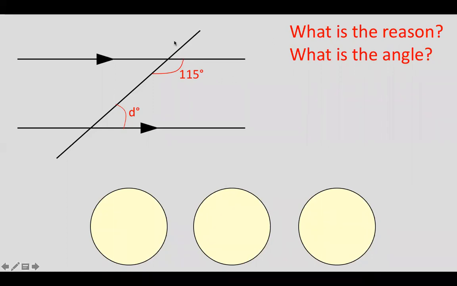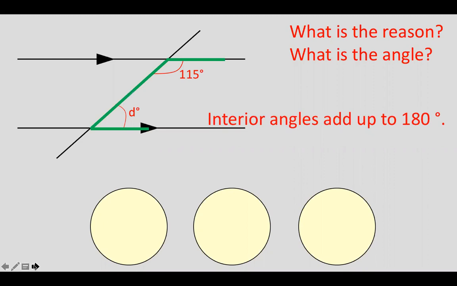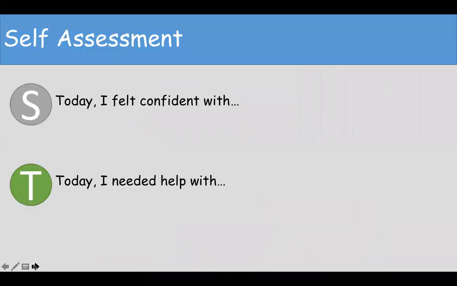Okay, just give him a moment. So his answer is 65. Why? Because the sum of interior angles is 180. Okay, that forms the C shape.